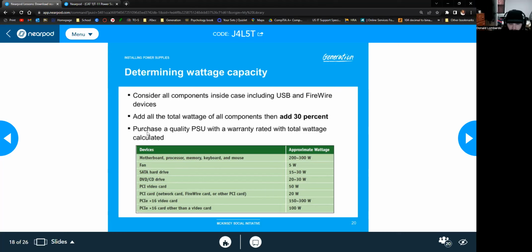So how do you add up your components? You see this example that's on here? All right, somebody do me a favor and take out their calculator app real quick.